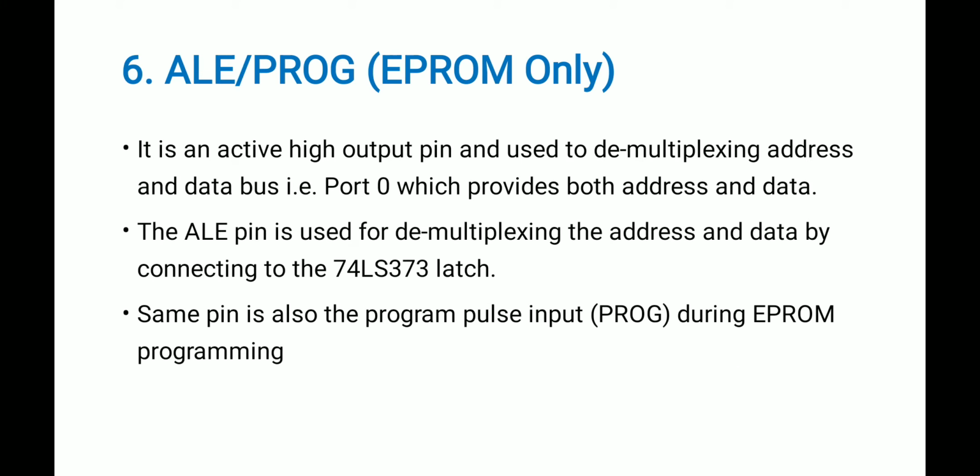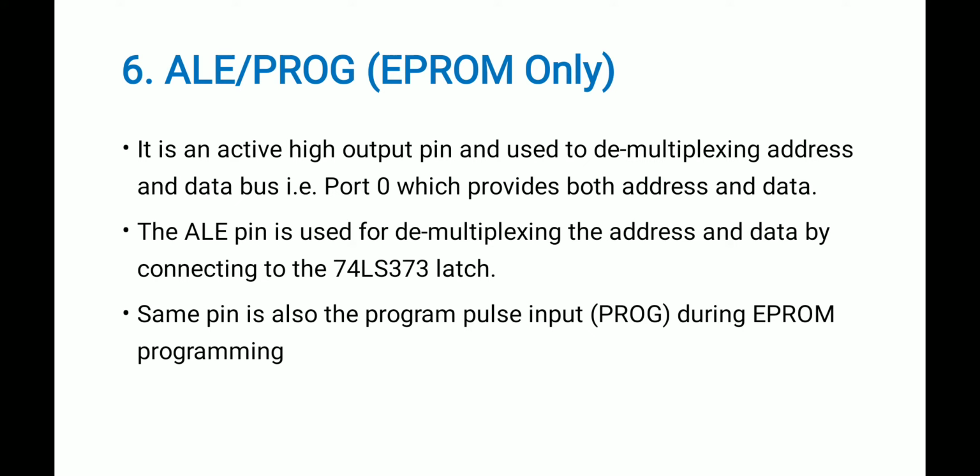Then ALE and PROG, where PROG is for EPROM only. The ALE pin is an active high output pin used for demultiplexing the address and data bus, that is port 0, which provides both the address and data.